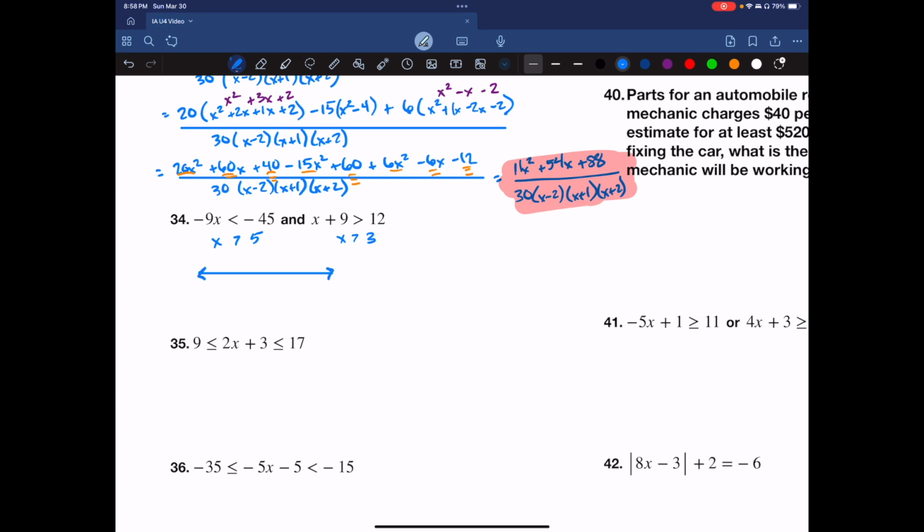Okay, so I have a 3, I have a 5. On top, I'm going to graph, shade to the left, open parentheses on 3, shade to the left, open parentheses on 5, or both of these are shaded to the right. Remember, if you write your inequalities from left to right, the inequality points in the direction that you're going to shade. Okay. And because this is an and statement, I have to cut it off.